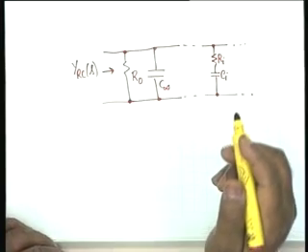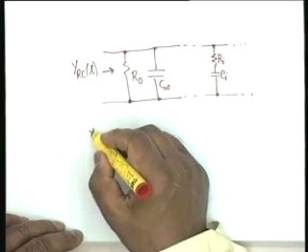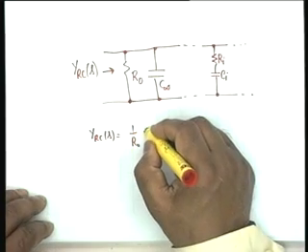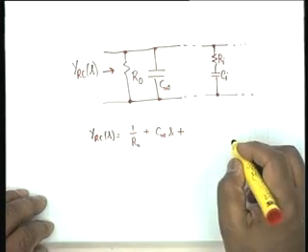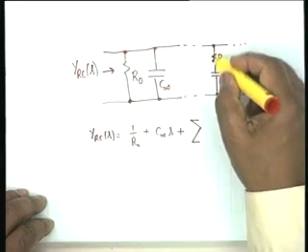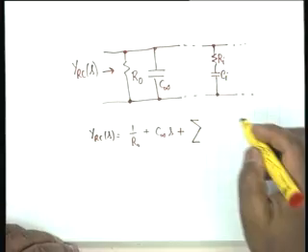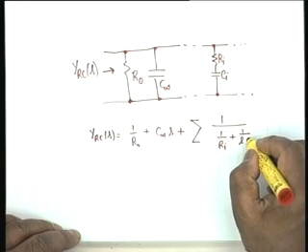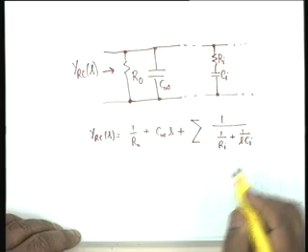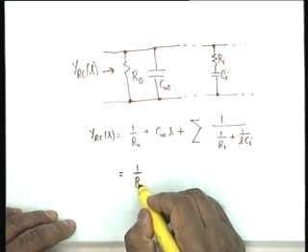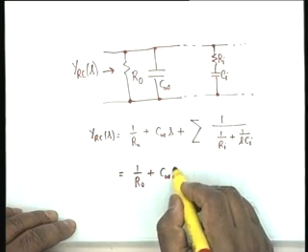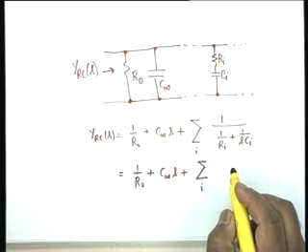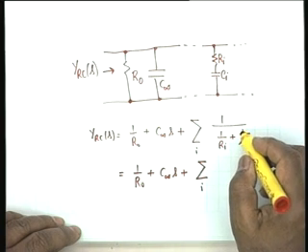Agreed? Now, I can write YRC of S as equal to 1 over R0 plus C infinity S plus the summation of the admittance of this series combination. What is the admittance? 1 over Ri plus 1 over S Ci. Oh, I beg your pardon, I made a mistake.